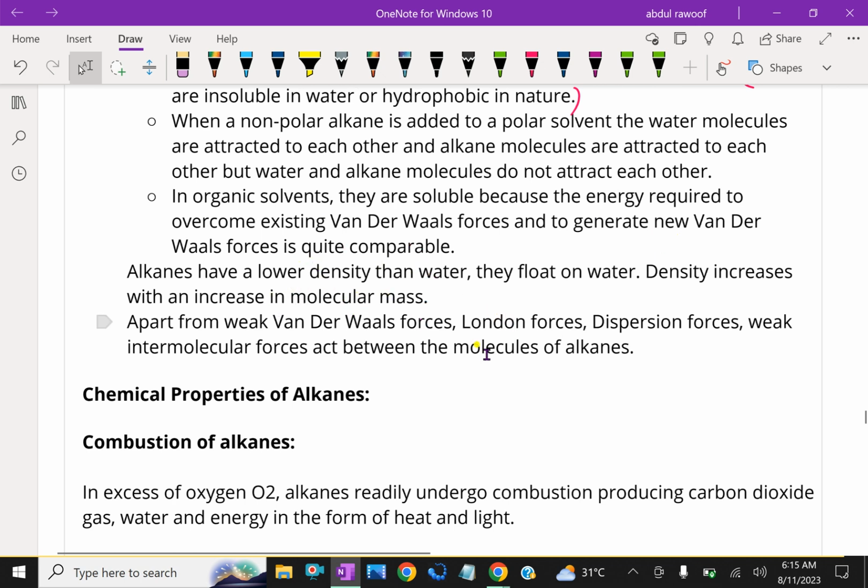Alkanes have lower density than water. They float on water. Density increases with an increase in molecular mass. Apart from weak van der Waals forces, London forces, dispersion forces, weak intermolecular forces act between the molecules of alkanes.